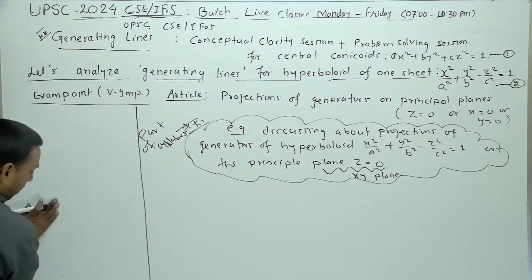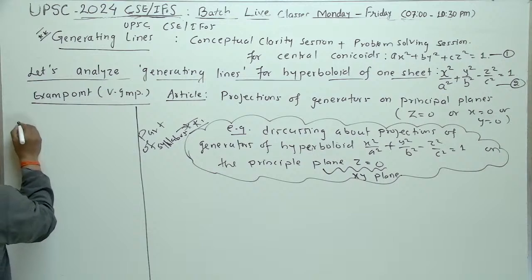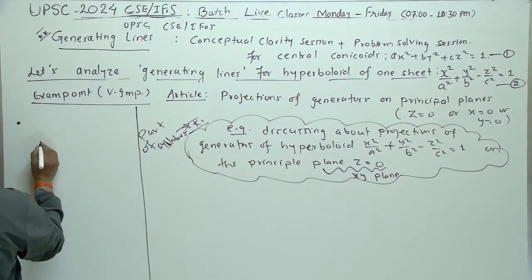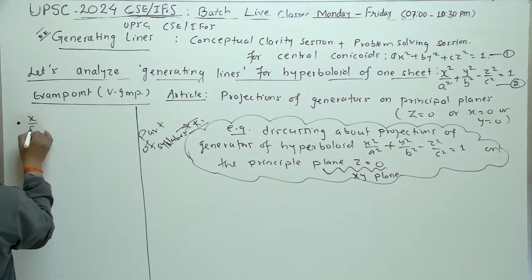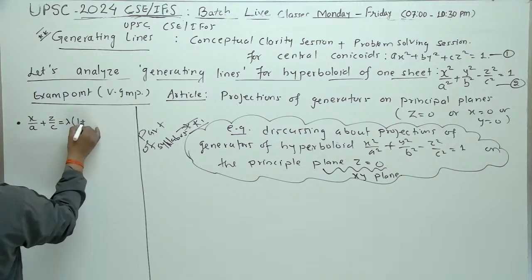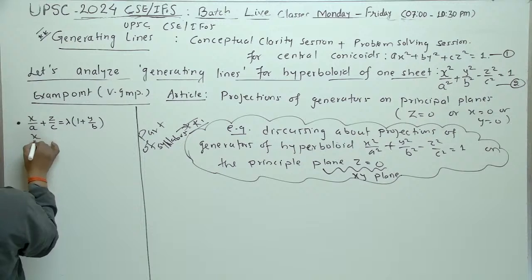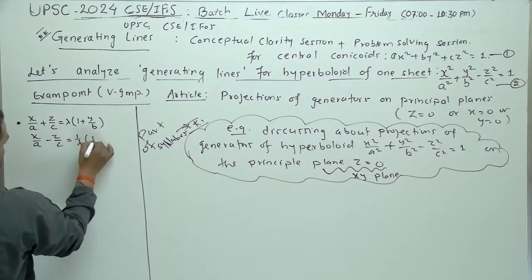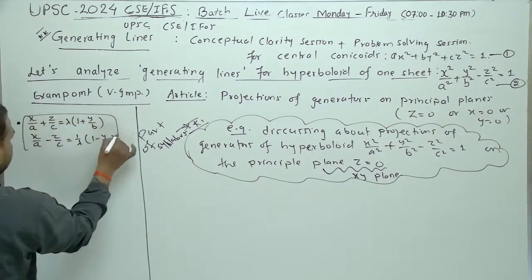So I am writing the mathematical forms here. You will also write like that in the decoded form. Let's say for the lambda system, if I write that, I can have x upon a plus z upon c equals, I will write that in decoded form so that it is easy to understand. So this is the lambda system.